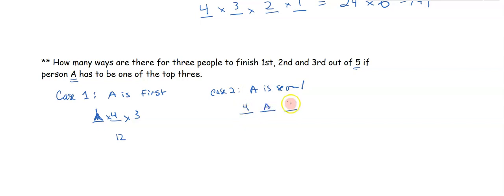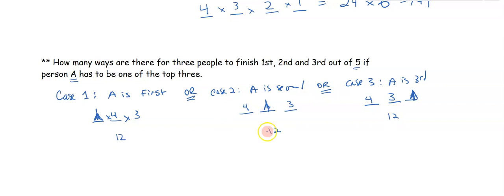Again, there's 4 options here, 3 options here, only 1 option here because we've already chosen A. So there's 12 different things. Or case 3, what if A is third, right? So if A is third, again, there's 4 options for first, 3 options, and so A is just 1 option, which is 12. So since we have or, this could happen, or this could happen, or this could happen, all together we have 12 options plus 12 options plus 12 options.